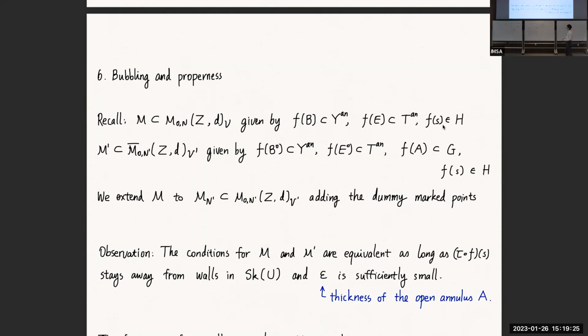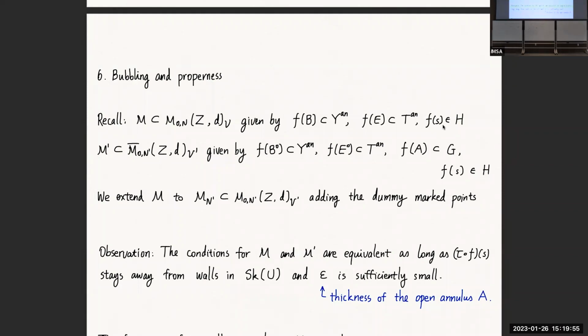Because we proved the boundarylessness for one and the compactness for the other, we want to combine them, so they better be the same moduli space. The observation is that the conditions for M and M prime actually become equivalent as long as the marked point stays away from walls in the essential skeleton, and the thickness of this open annulus is sufficiently small.